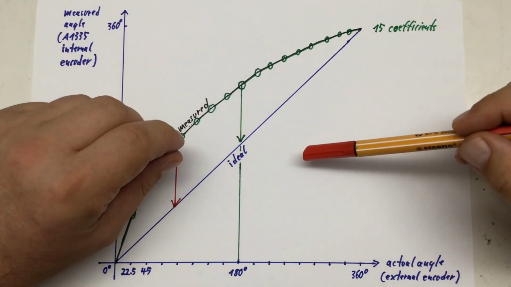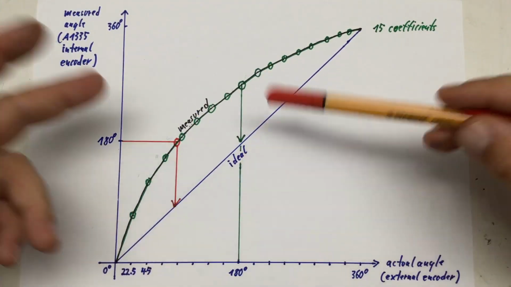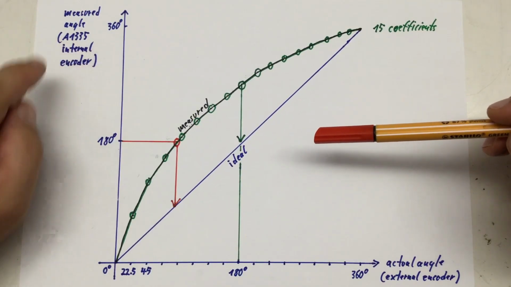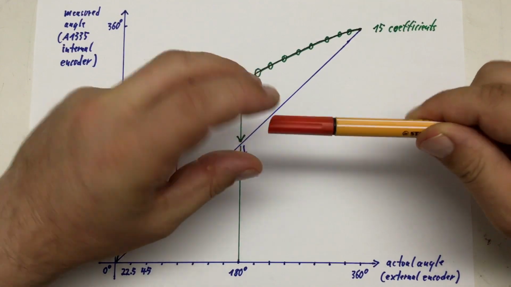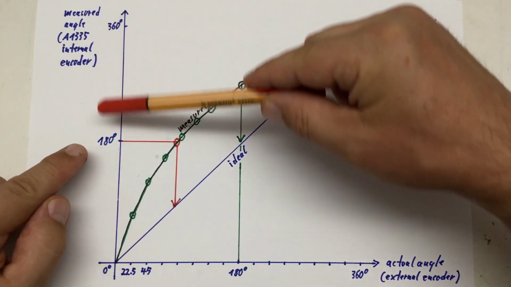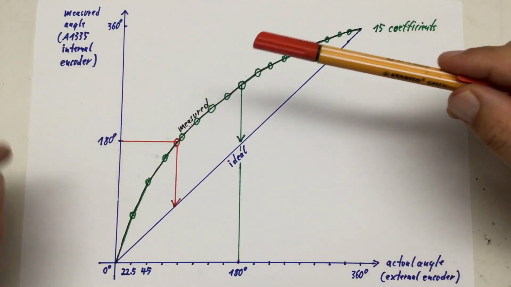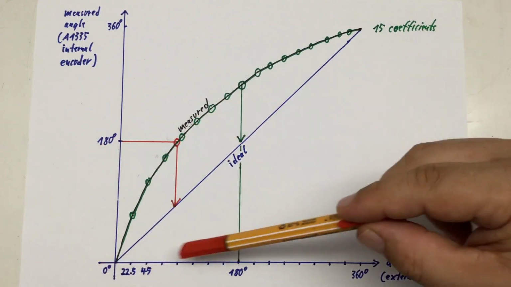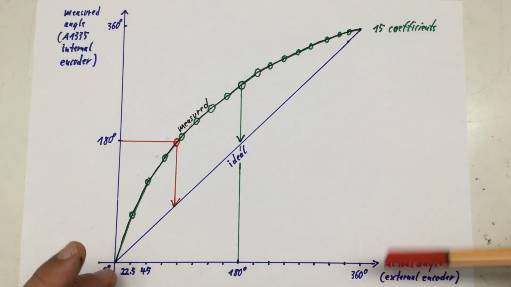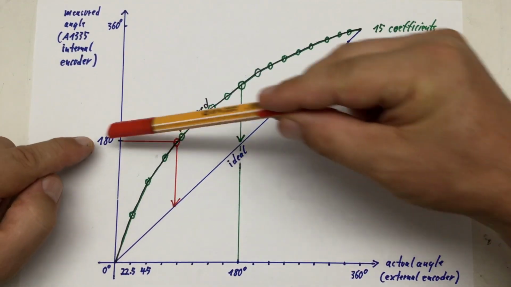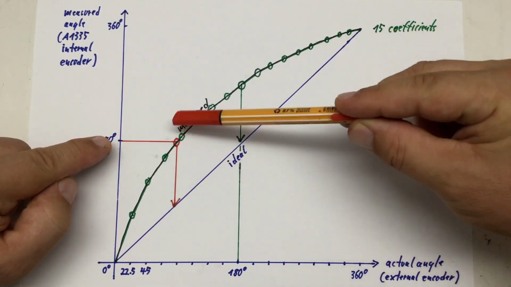If you are using the less common option of utilizing the A1335's internal encoder, you turn your whole assembly until you get here a reading from the A1335 on one of the 22.5 degrees multiple positions. For example, here at 180 degrees.